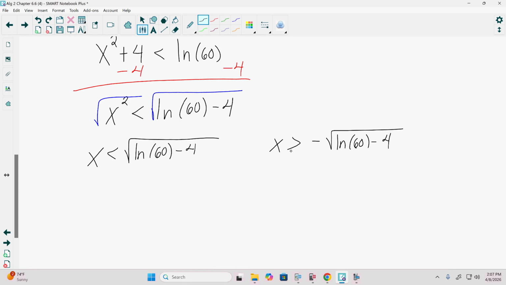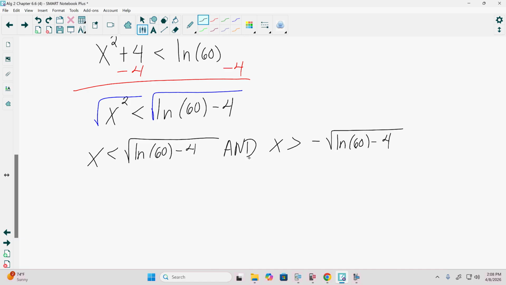Again, one of these is not going to show up. But also, this is an and statement. Since we started out with a less than inequality before we square rooted both sides, it's going to be and. If it had been greater than before we square rooted, it would have been an or statement.